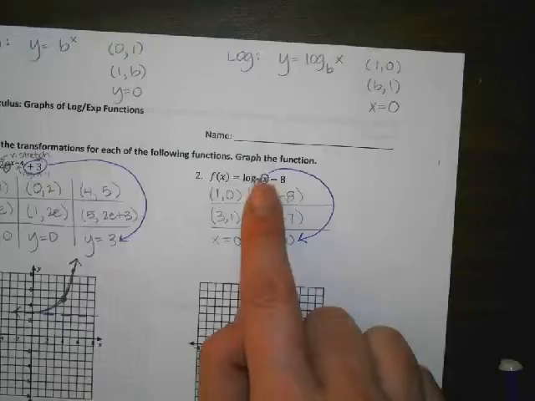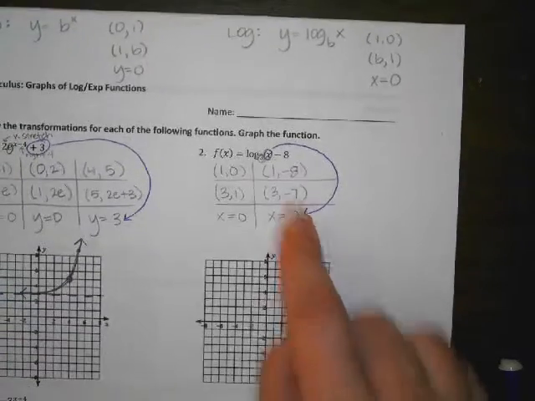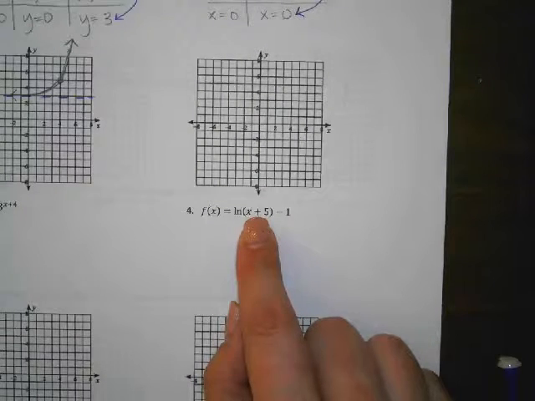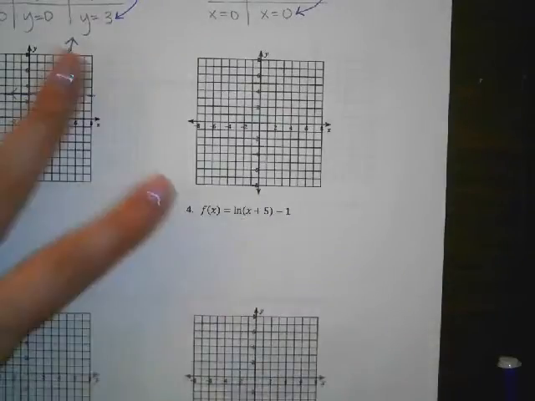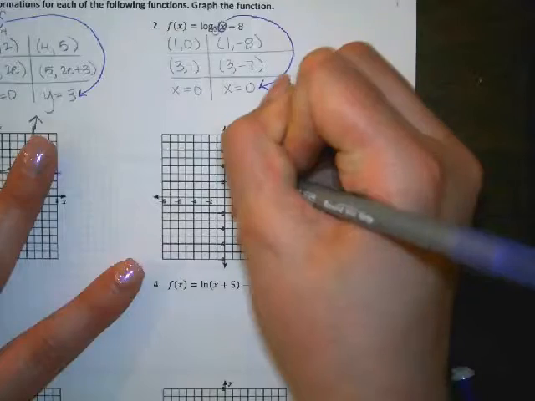And so the inside of the log is what tells you where your asymptote is. So this vertical asymptote is at 0. This vertical asymptote here would be at -5. Does that make sense? So I'm getting that from the inside. All right. So we'll go ahead and graph that. We have vertical asymptote at 0.